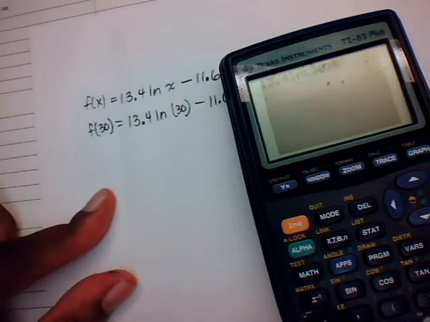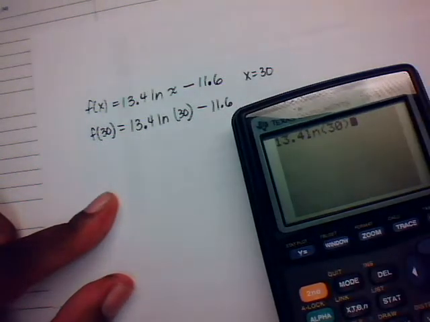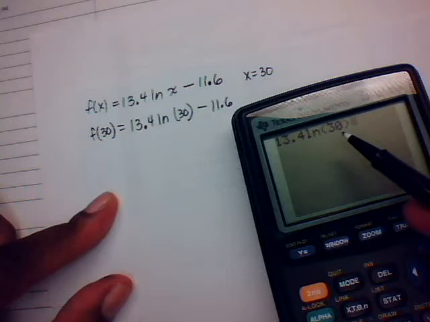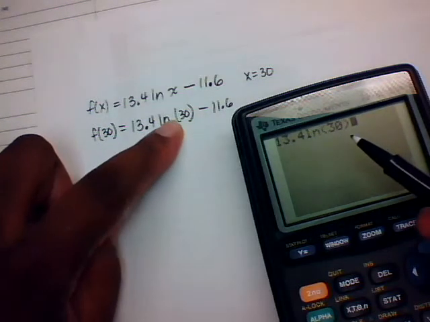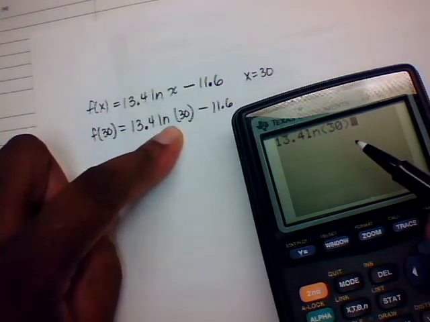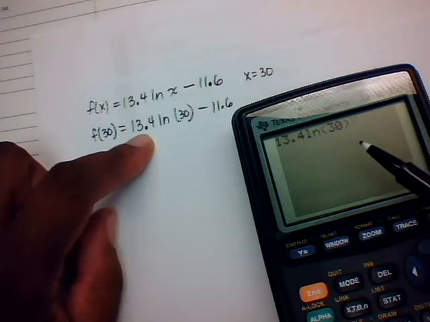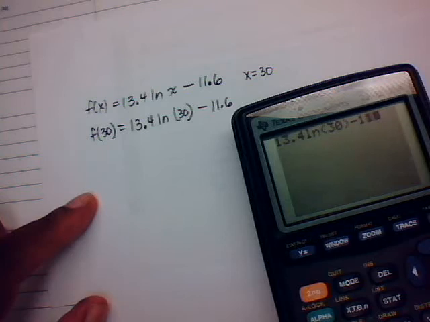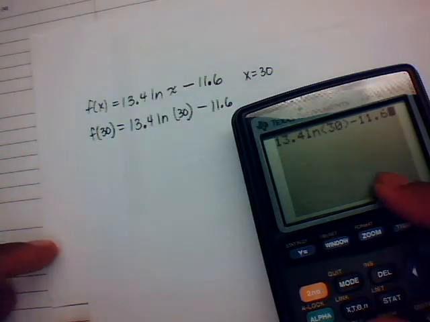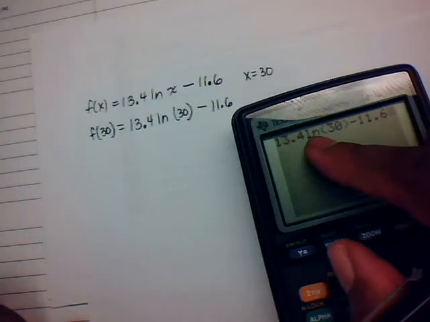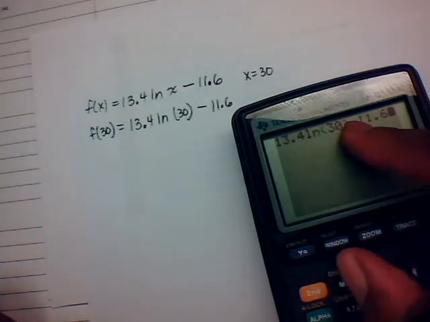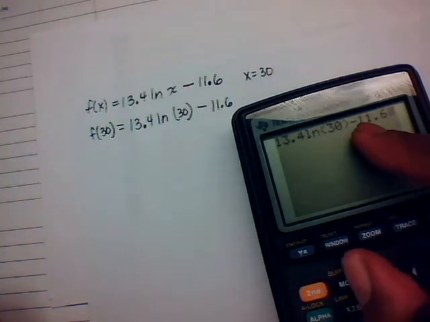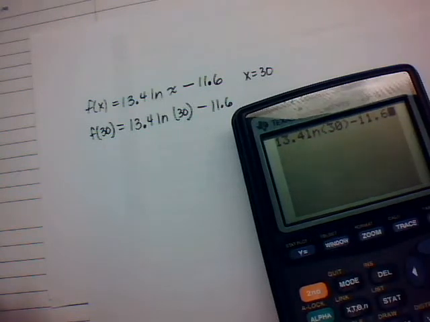Now make sure you close the parentheses around the 30, because if you don't, you're going to get a wrong answer, because you only want the natural logarithm of 30, and it's going to be multiplied by 13.4. And whatever that is, we're going to subtract from it 11.6. So your screen should look like this: 13.4, then ln of 30, close the parentheses around the 30, minus 11.6, and then press enter.